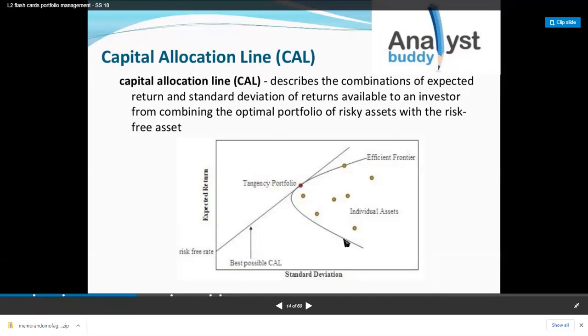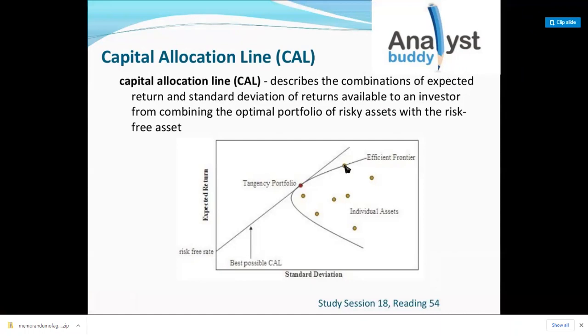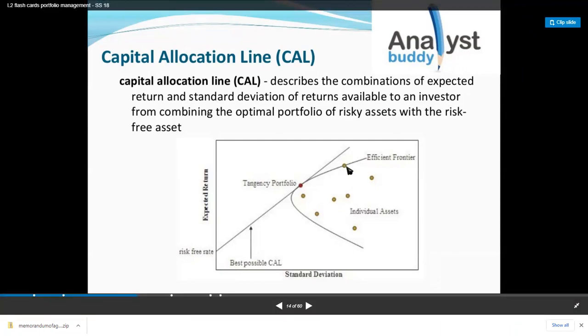Itong point na to, this is 30% asset A, 70% asset B. Ito naman, example lang, 55% asset A, 45% asset B. So here you have different weights ng asset ng portfolio natin. Sino mas maganda?